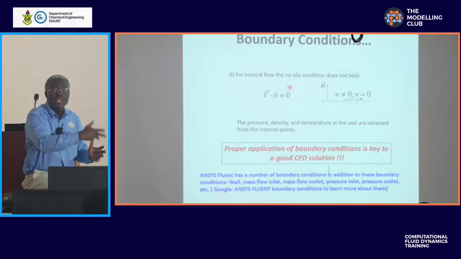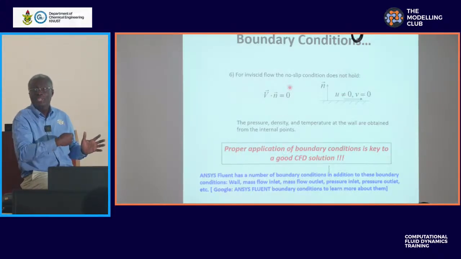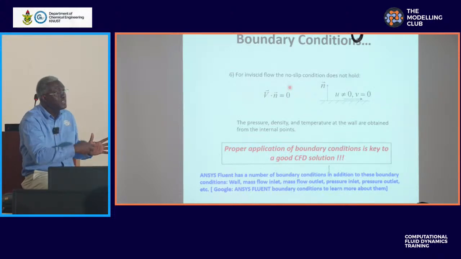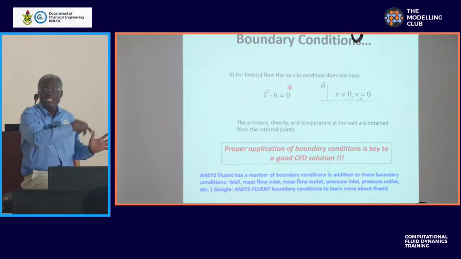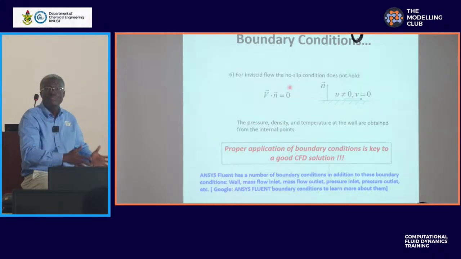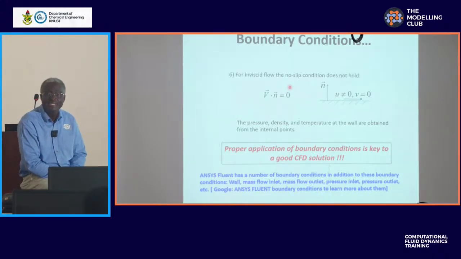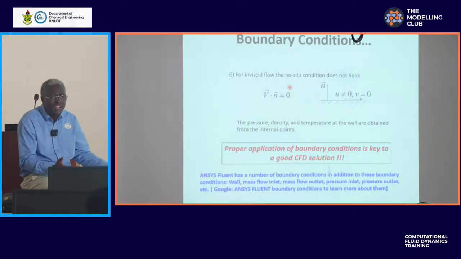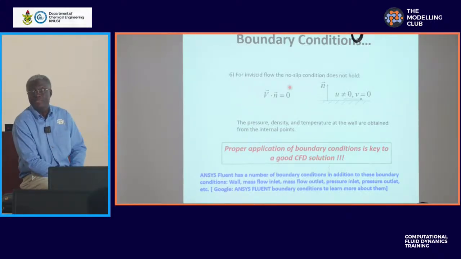How do we do the numerics, or how do we convert these conservation equations into discretized equations so that we can solve them algebraically? So I want to spend another lecture talking about the finite difference methods.